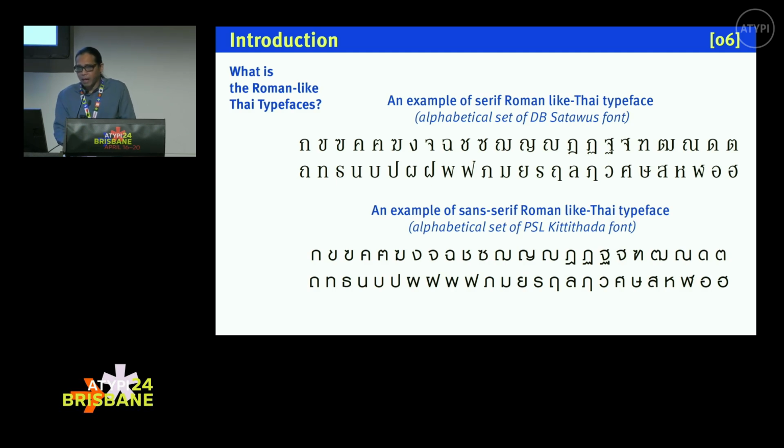About Roman light typeface. Roman typefaces are the representative from the West that laid the foundation for the growth of the era of dry transfer lettering in Thailand more than 40 years ago.